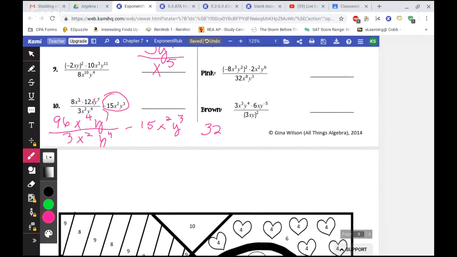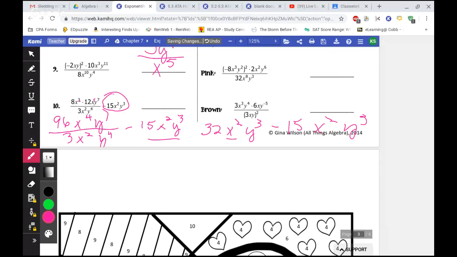32 times, okay, x, so we've got 4 minus 2. So that is a positive 2. So the x goes on the top. 7 minus 4. So that's y cubed. Minus 15x squared, because I'm just rewriting this, y to the 3rd.